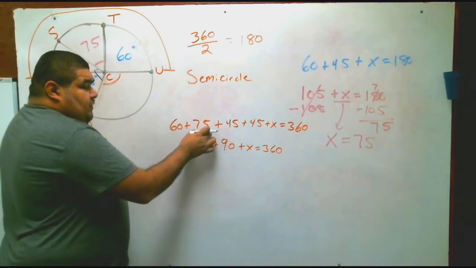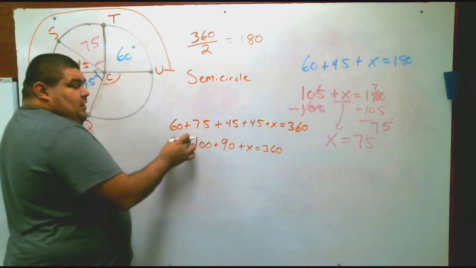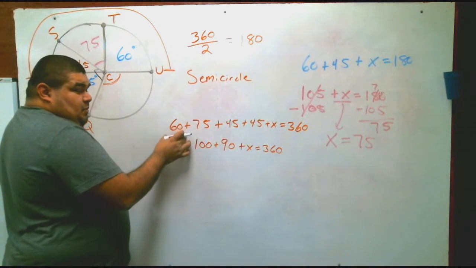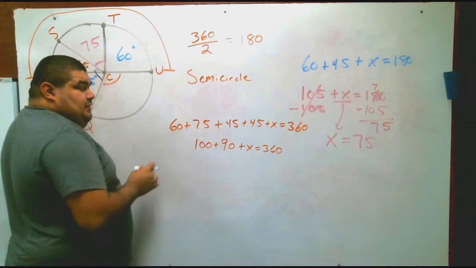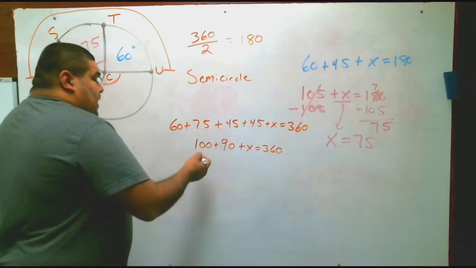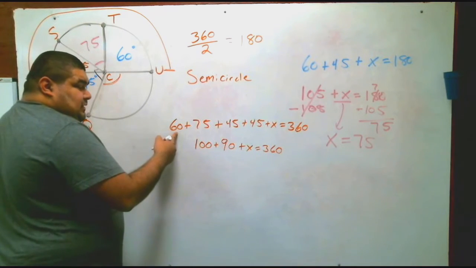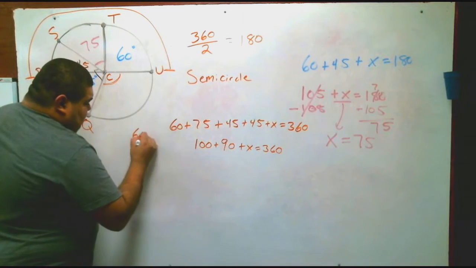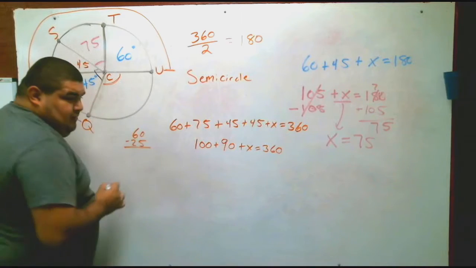So if we make this 75 100, we're going to take off those 25 from somewhere, right? In this case, we're going to take them off of 60 to make it a lot easier. So we have 25 subtracted from 60. So we have 60 minus 25.